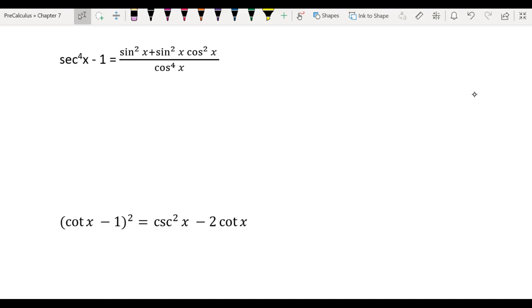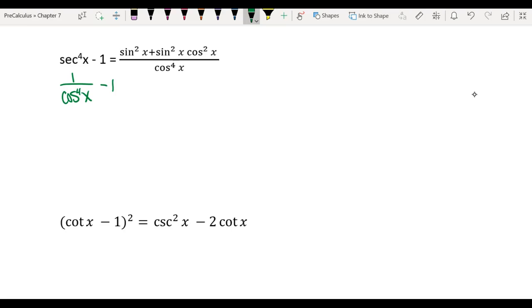If you have secant, secant is 1 over cosine. And so what you get from this left-hand side is 1 over cosine to the 4th of x, minus 1. That cosine to the 4th of x on the bottom is encouraging because isn't that what this is? Okay, so that's encouraging that we have that.